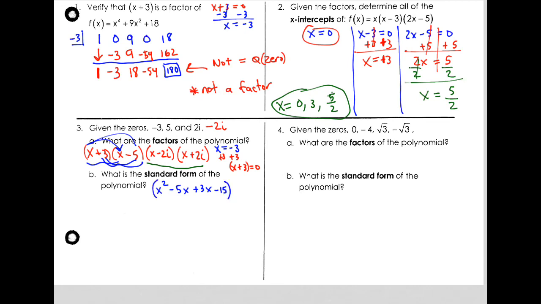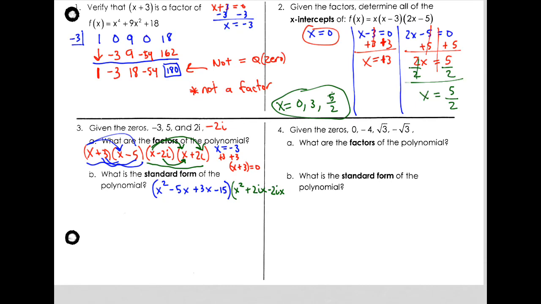Now let's multiply the other one. So you have x times x, that becomes x squared. Then you have x times positive 2i, so that becomes a positive 2ix. Then we're going to multiply negative 2i times x, and that becomes a negative 2ix.